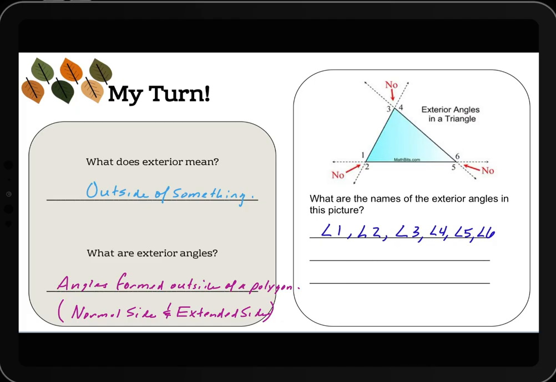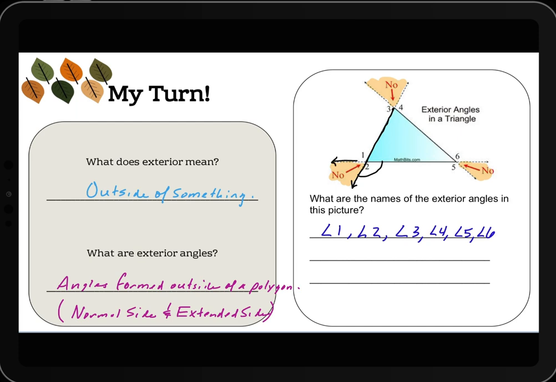Notice, however, that we also have angles that happen to not be exterior by definition. Here's the reason why they're not exterior. They were not formed by extending the side length of a triangle and pairing that up with a normal side length to create an extended or exterior angle.